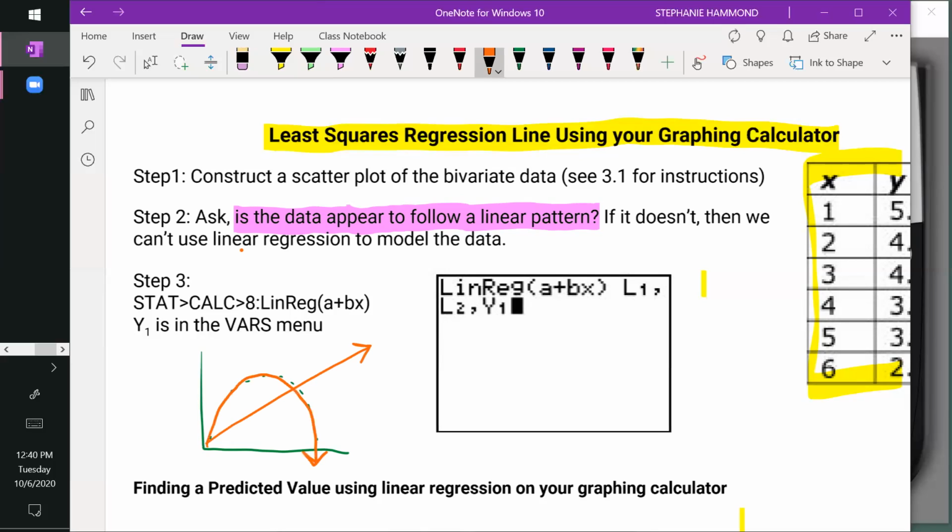So you have to make the decision before you calculate your line of best fit, what kind of line do you need? If you make your scatter plot and it's not linear, you cannot do this type of linear regression. We would need to do quadratic regression here actually, and we're not going to get to that in this section. So I would simply say that the data is not linear.